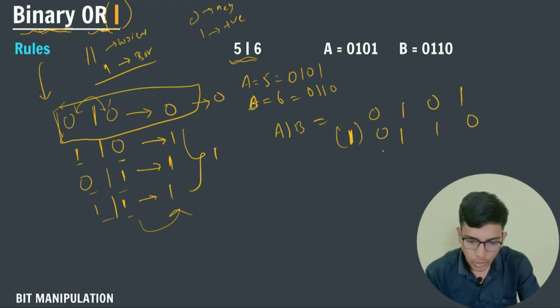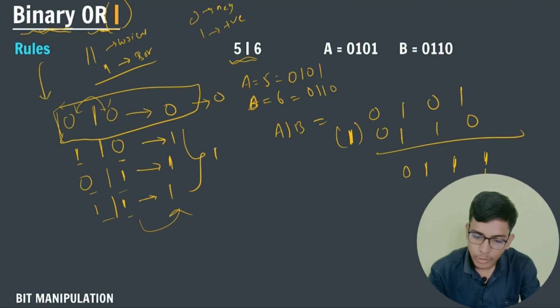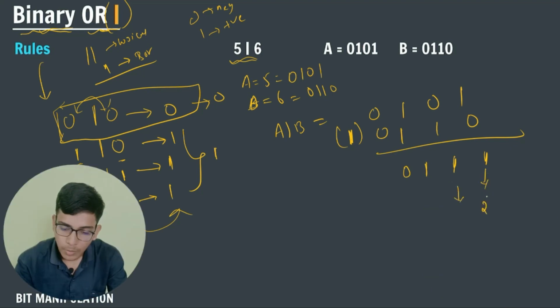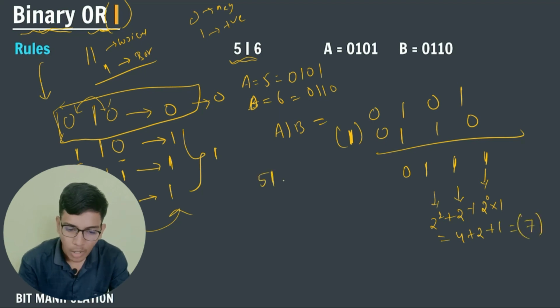We know that if any one of them is 1, we get output 1. So the result is 0 1 1 1, which is 2 to the power 0 times 1, plus 2 to the power 1, plus 2 squared, that is 4. So 4 plus 2 plus 1 gives me 7 as my output. So if I perform 5 OR 6, this will give me 7.